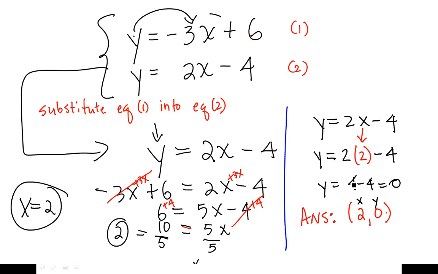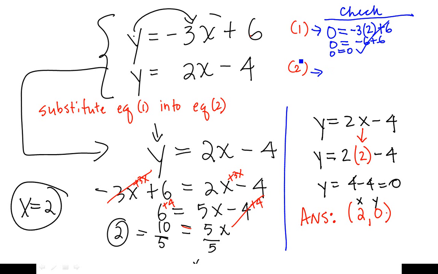Therefore, if I wanted to check, I'm saying that y is 0 equals -3 times x, which is 2, plus 6. Is that a true statement? We have 0 equals -6 plus 6, 0 equals 0. Correct. Let's check the second equation.